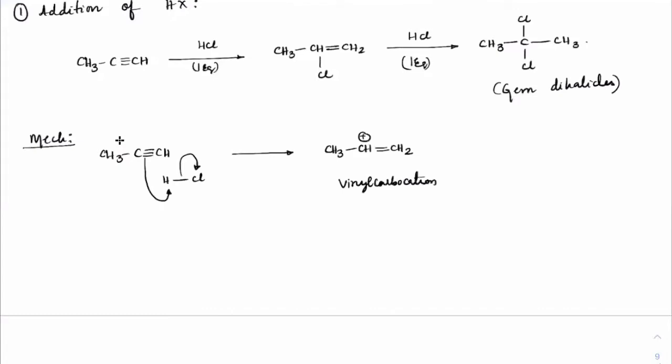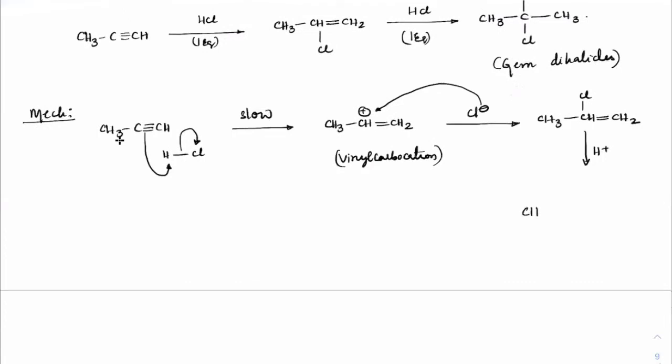So the reaction is pretty slow because the vinyl carbocation is not very stable. Then Cl minus in the solution attacks the vinyl carbocation to give vinyl chloride.